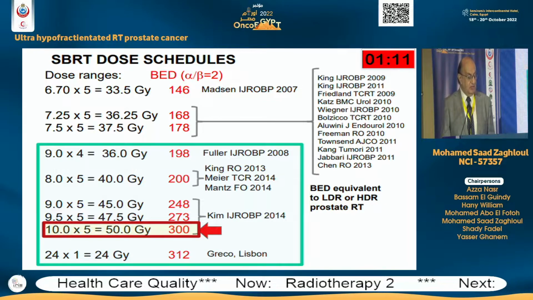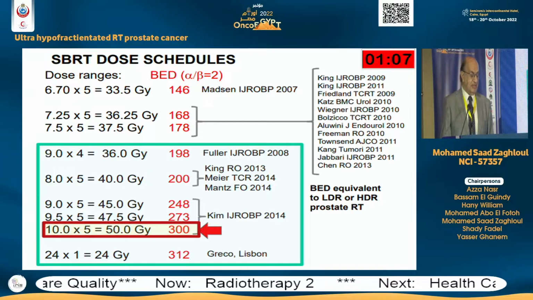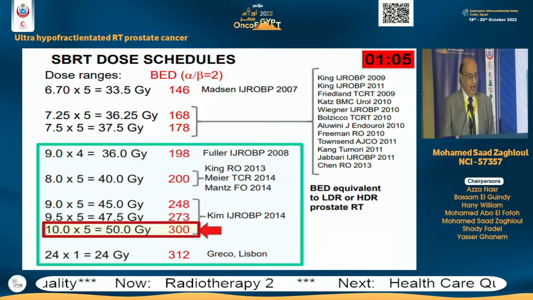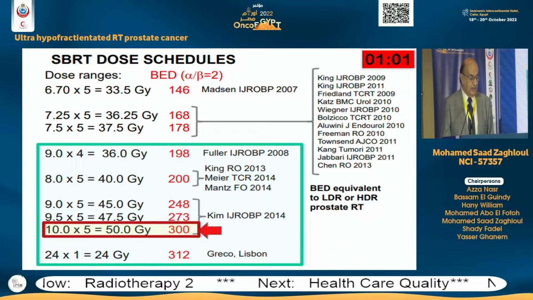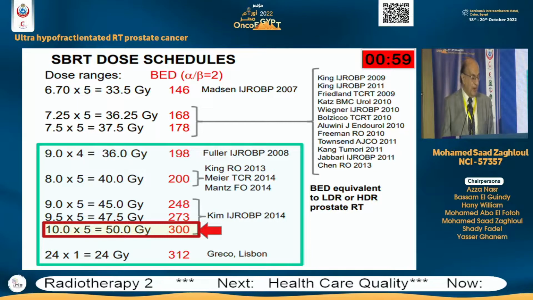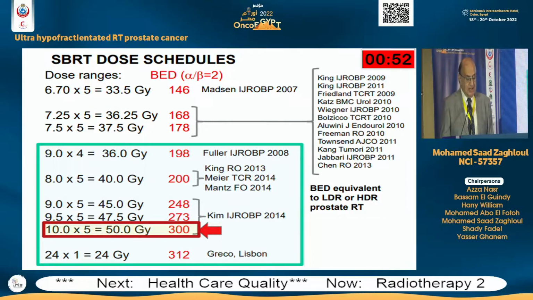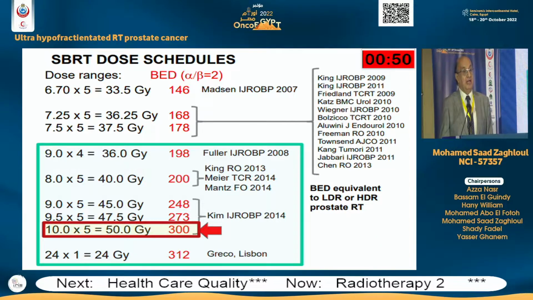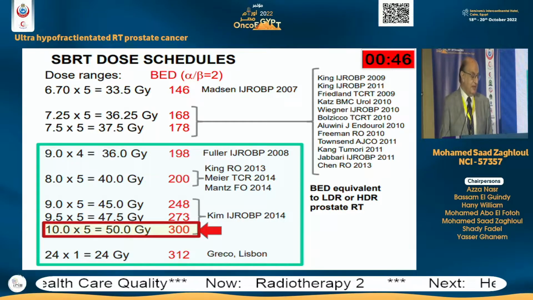The one that is marked by red is done, but not often, and giving one treatment of 24 gray is done only by one person, which is Greco of Lisbon. So nobody else does this, and is eager to do it.